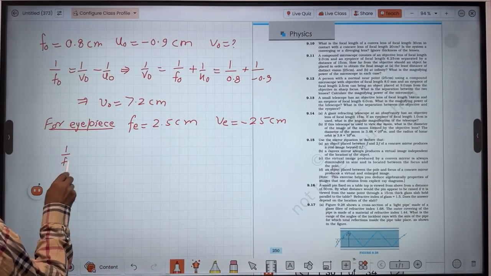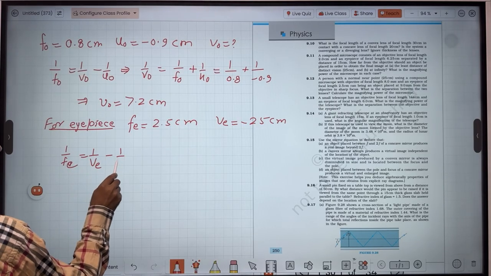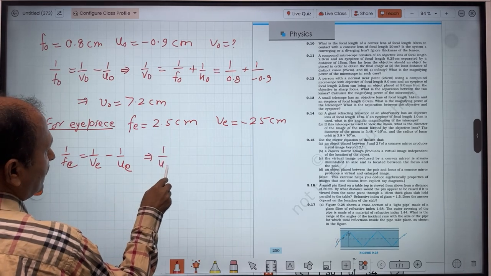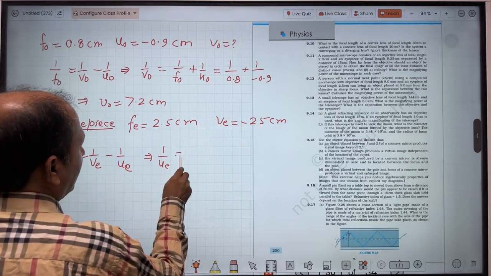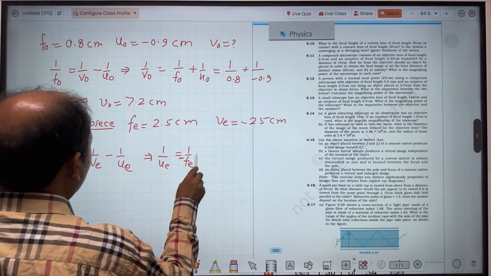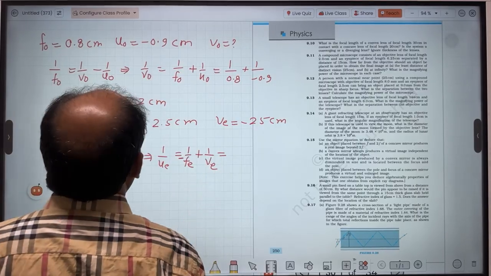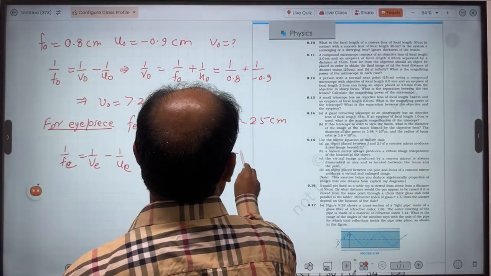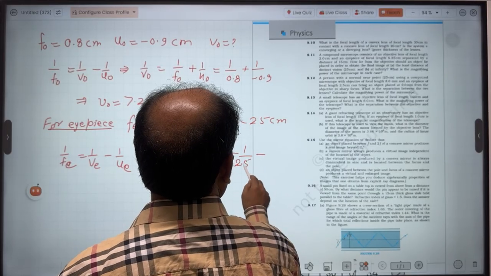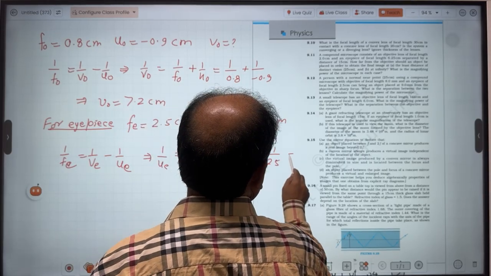So 1 upon FE is equal to 1 upon VE minus 1 upon UE. Our concern is to get UE. So 1 upon UE will be, let's write it, minus 1 upon FE plus 1 upon VE. Let's put the values. So minus 1 upon 2.5 minus 1 upon 25. We can evaluate.